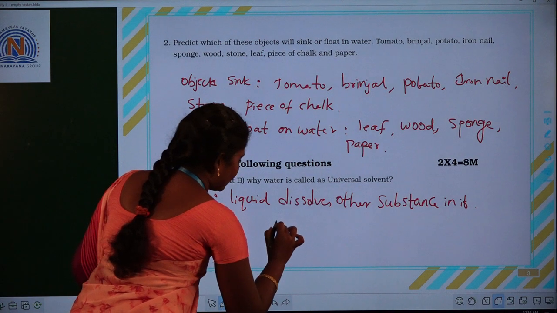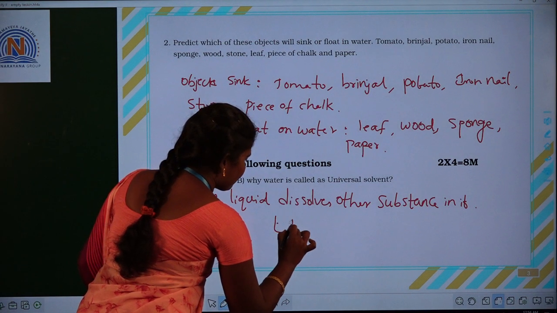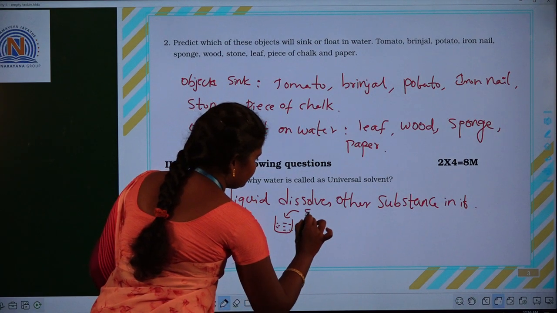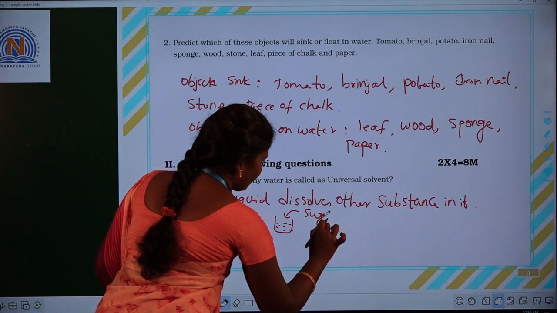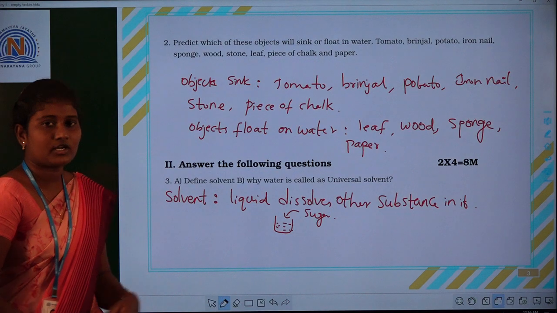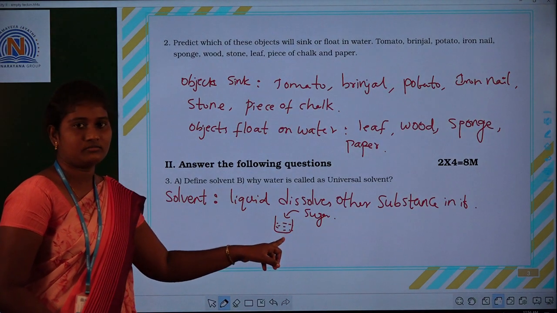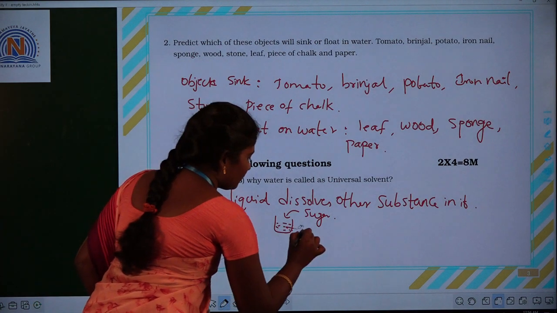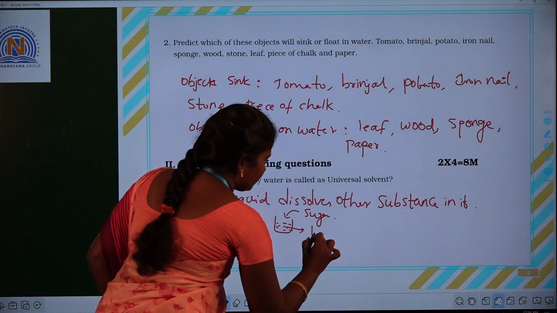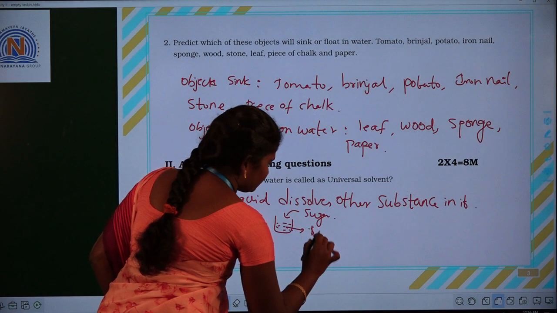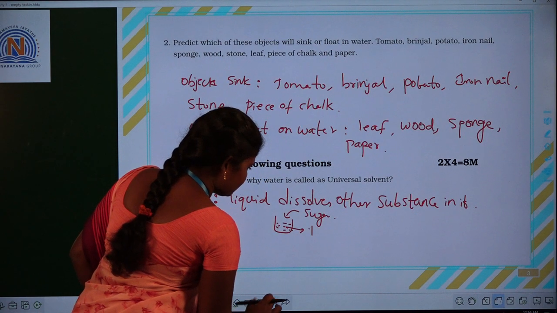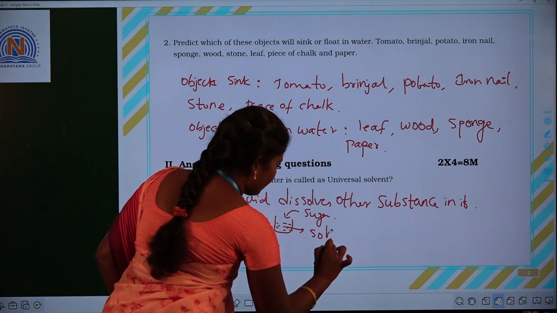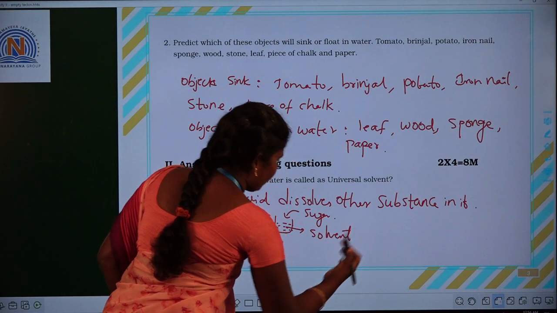If you take a glass of water and add sugar in it, what do you observe? The sugar is dissolved in water. So here, water is the solvent.